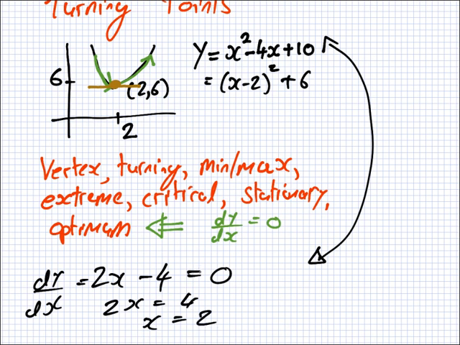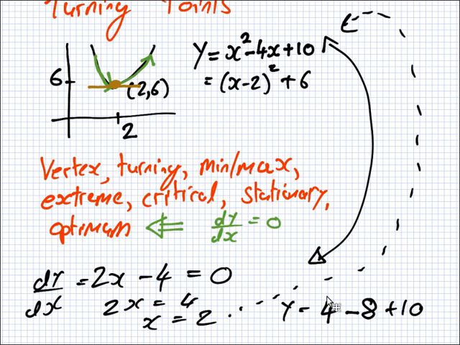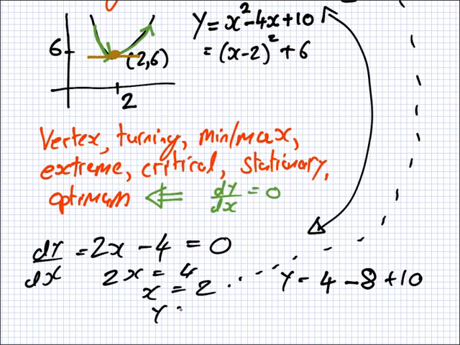Which is not a surprise because it matches up with this. Although, with this method I don't know the y, unless I sub it back in. Then I get y equals 2 squared minus 4 times 2 plus 10, which works out to be 6.